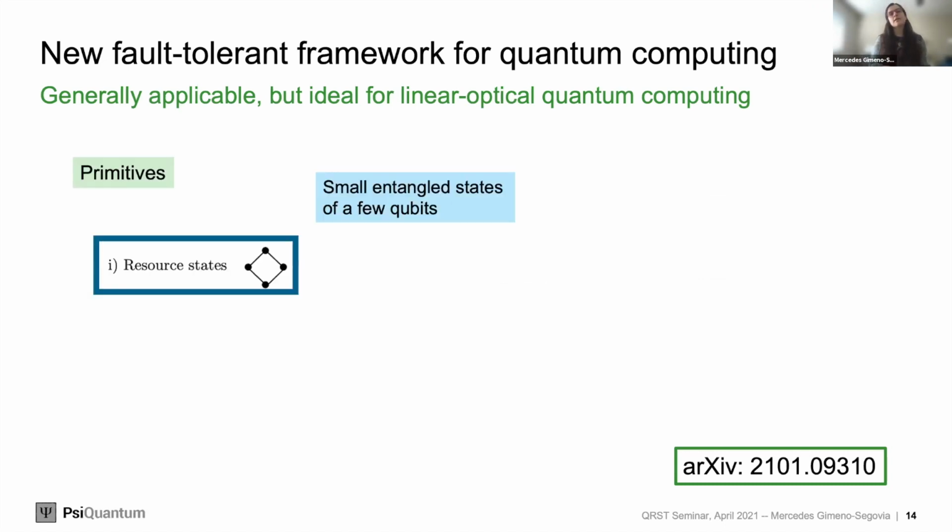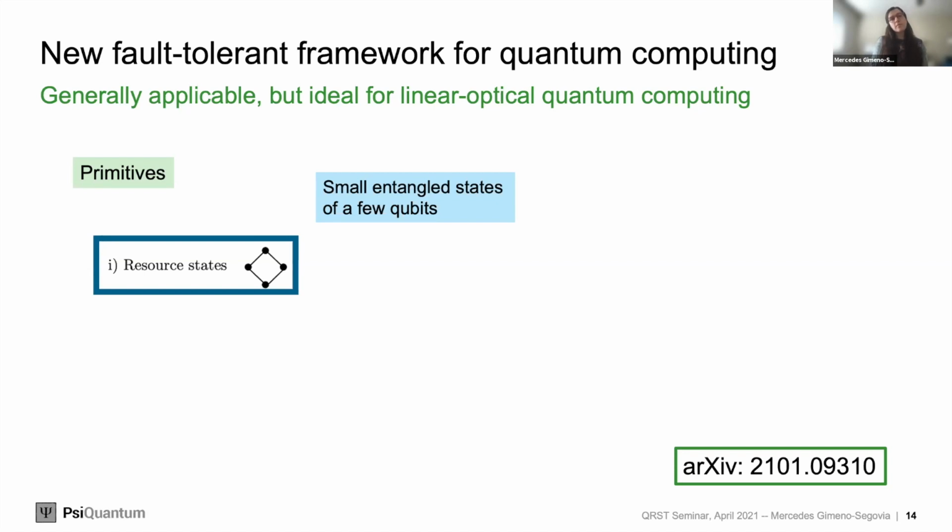So this framework has some primitives. One of the first primitives is a resource state, which are small entangled states of a few qubits. And these resource states have constant size for one particular architecture, and we are focusing on them being stabilizer states, mainly because a lot of the error correcting codes that exist and that are well studied use the stabilizer formalism.